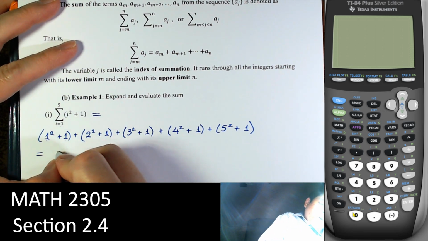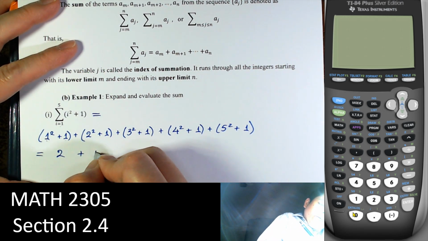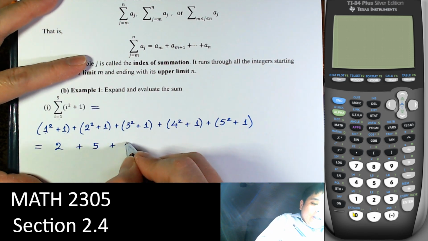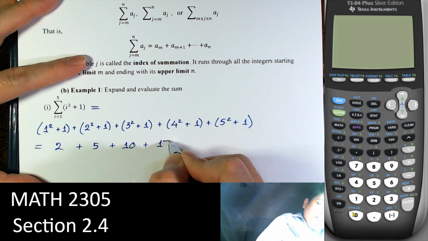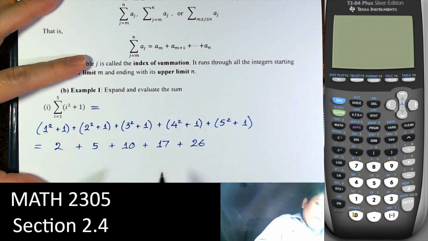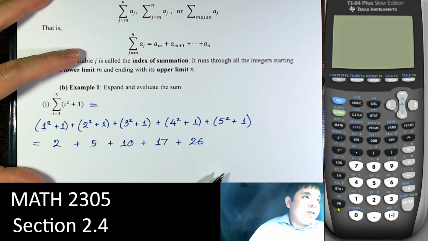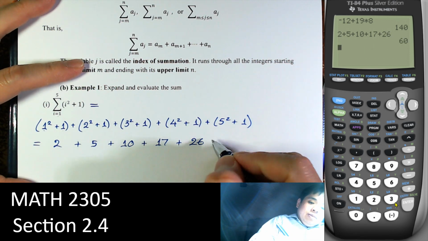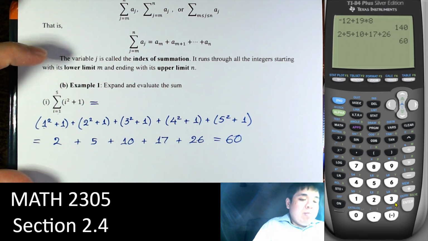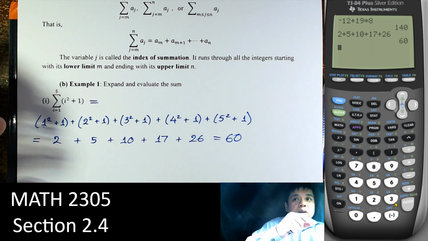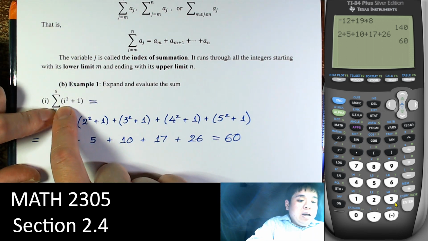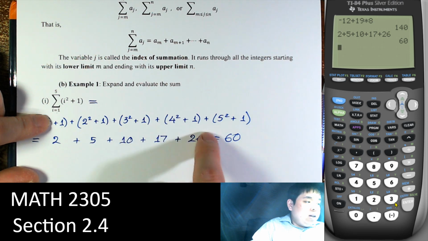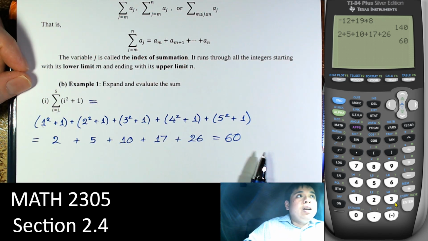So that gives us 2, 5, 10, 17, and 26. Sum is 60. So we just substitute the lower limit, and then increase by 1 until we see the upper limit.